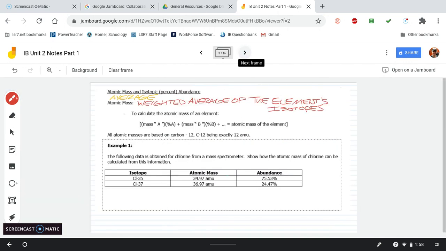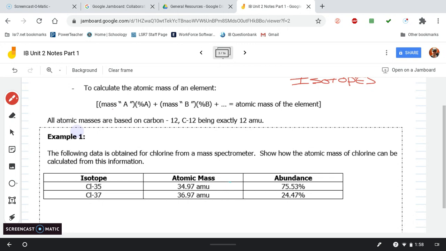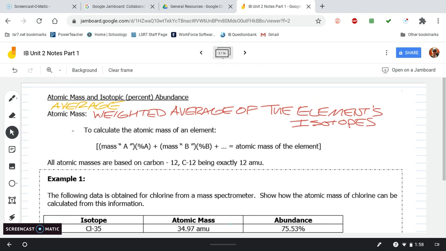Okay, let's go on to this one here. Wrote down a few things already, and we will start here. And so average atomic mass or atomic mass. So these terms here are, it's either called average mass or atomic mass or average atomic mass.